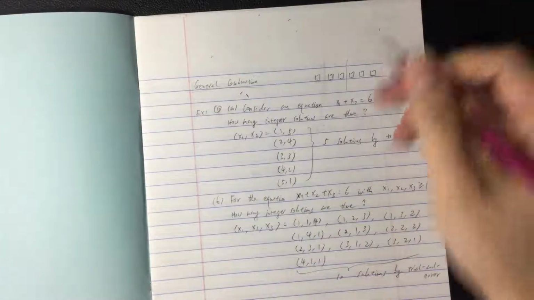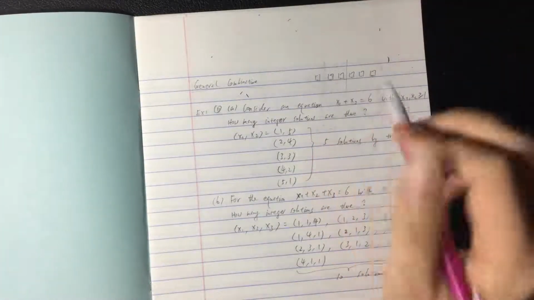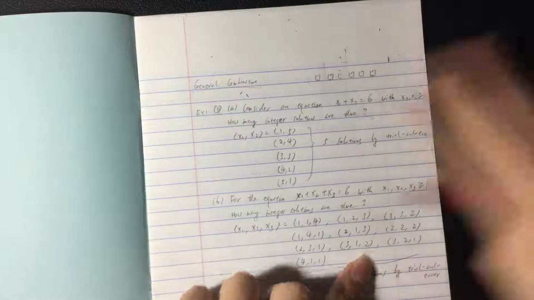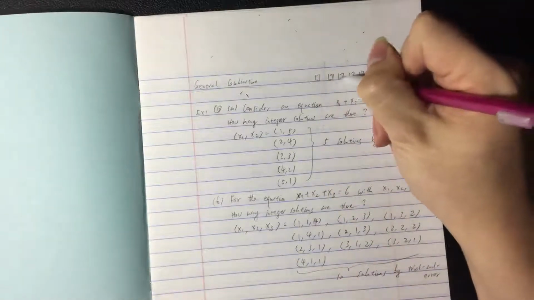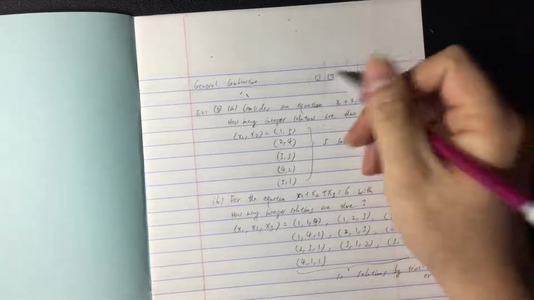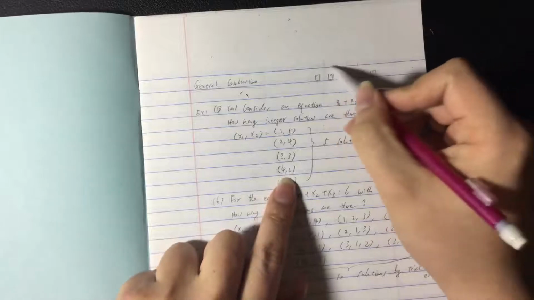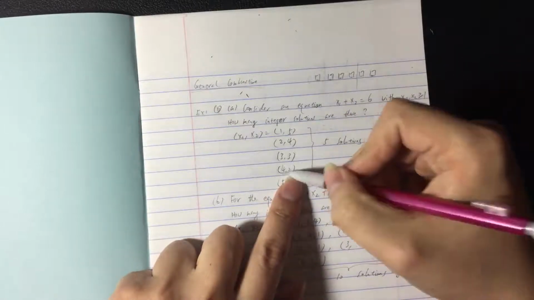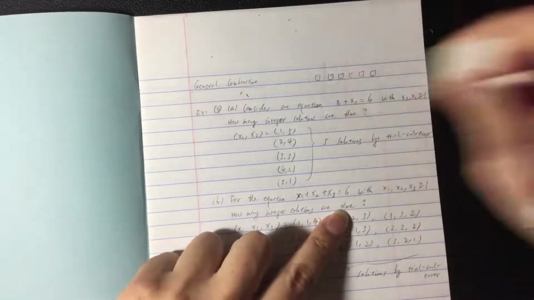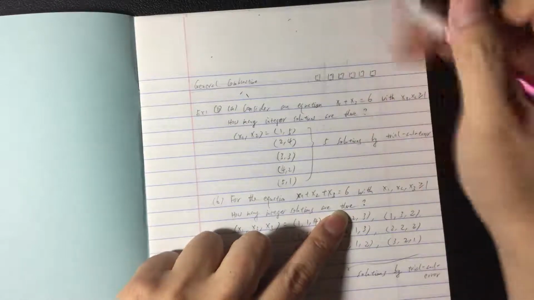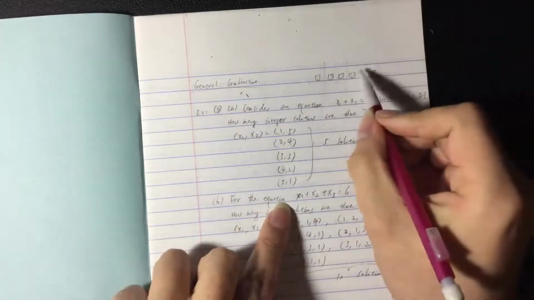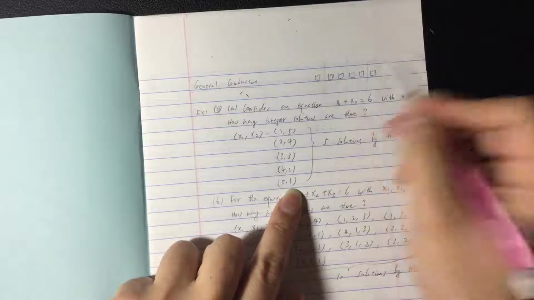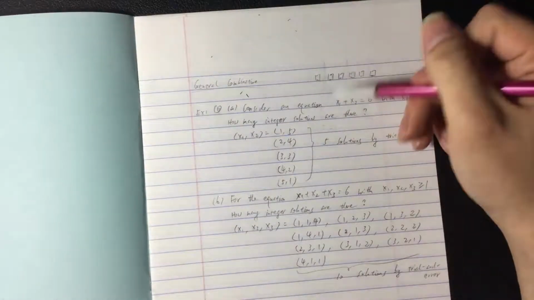If I put a bar here, x1 is 3, x2 is 3. If I put a bar here, x1 is 4, x2 is 2. If I put a bar here, x1 is 5, x2 is 1.